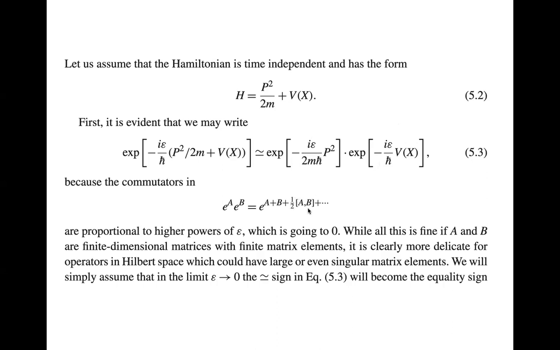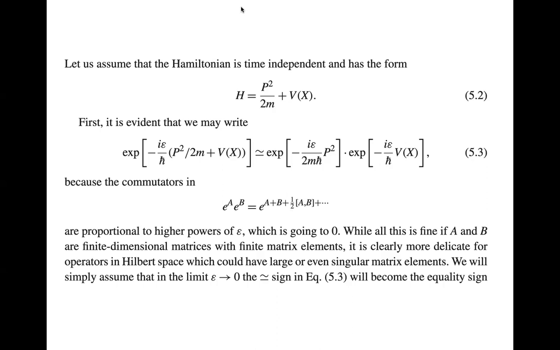Because epsilon is extremely tiny, in the limit epsilon goes to 0, this higher order term has to vanish. If I choose epsilon to be extremely small, then the commutator term just vanishes. So this approximate sign can be thought of as an equal sign.